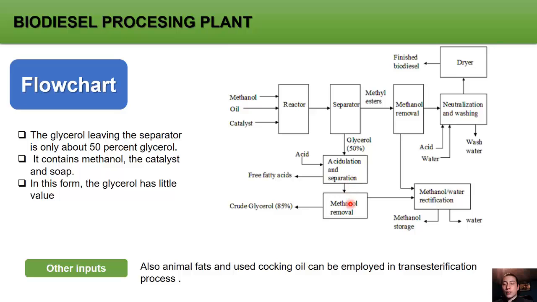Then we have a methanol removal, and here we have glycerol. The methanol from these two steps goes into a methanol-water rectification, and here we have methanol storage and the water. Also, animal fat and used cooking oil can be employed in the esterification process.